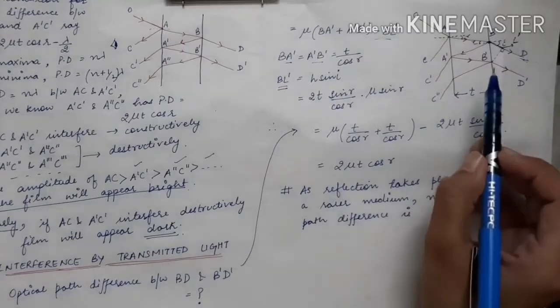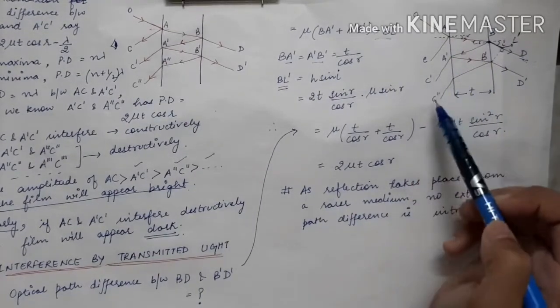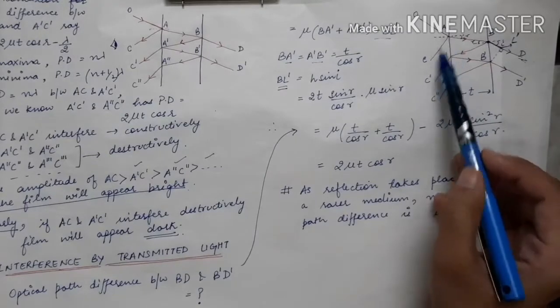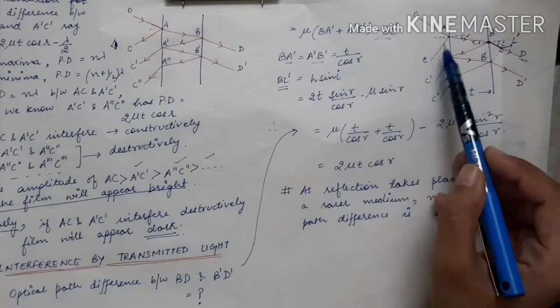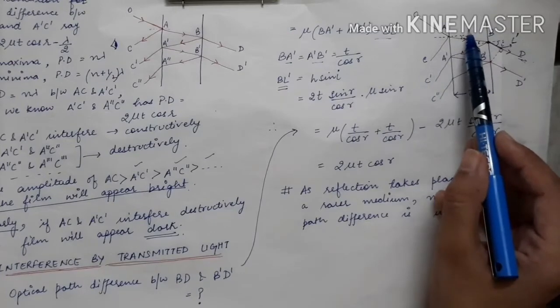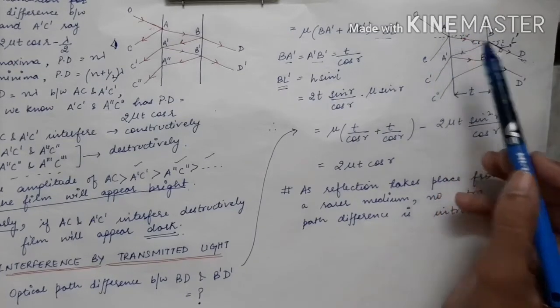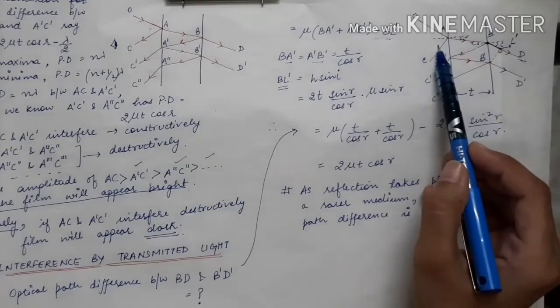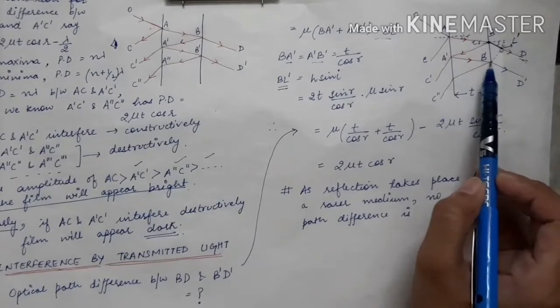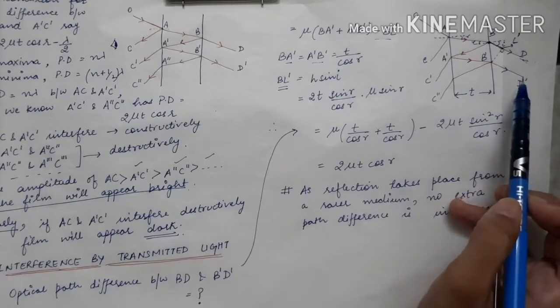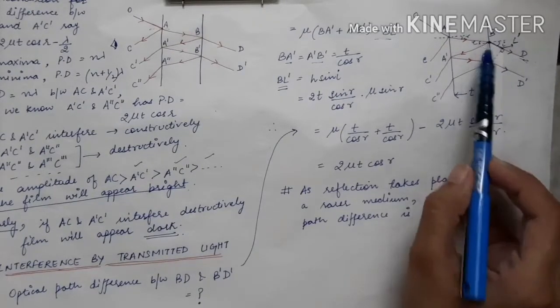An important point is that in the case of reflected light, the first reflected ray got reflected from a denser medium, therefore there was a term of minus lambda by 2 in the path difference. Whereas the rays BD and B prime D prime are never getting reflected from a denser medium.